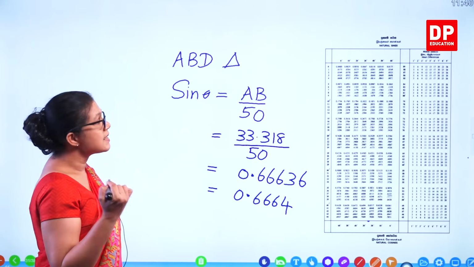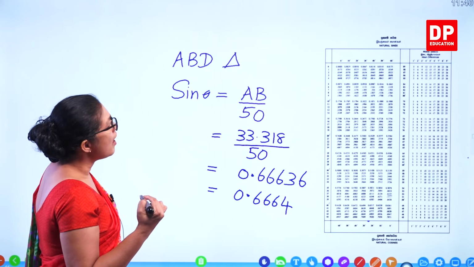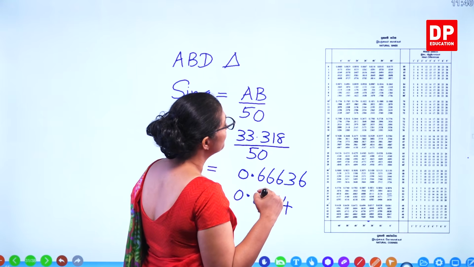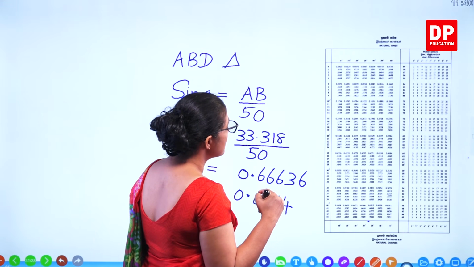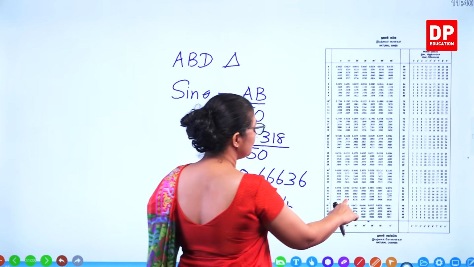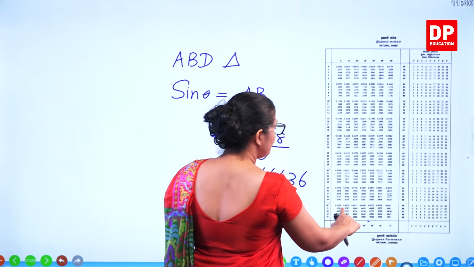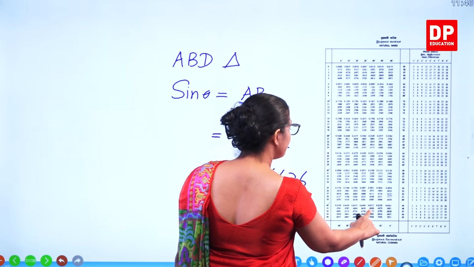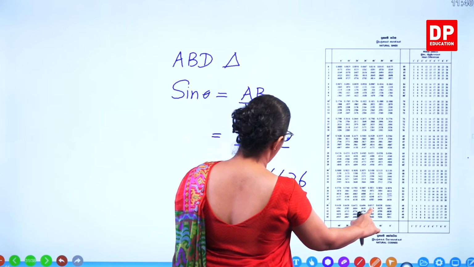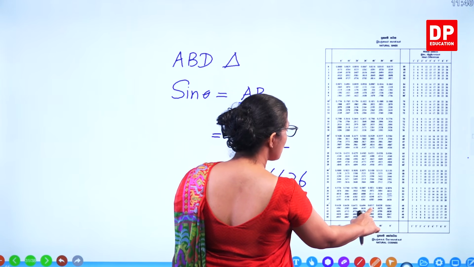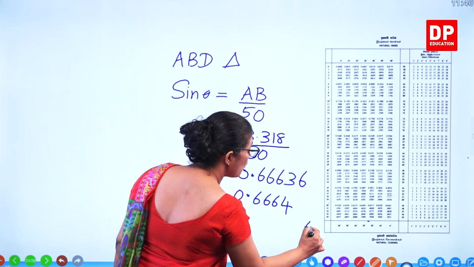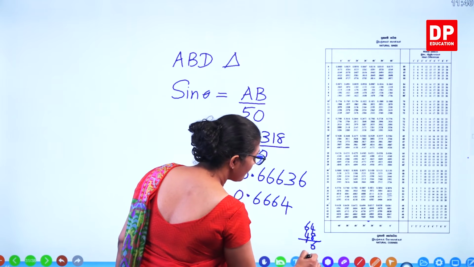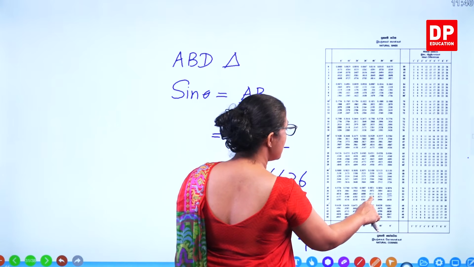Now check the sine table and see where you get 0.6664. Where is 6664? 48 is there. So how many do we need? 64 minus 48, we need another 16.